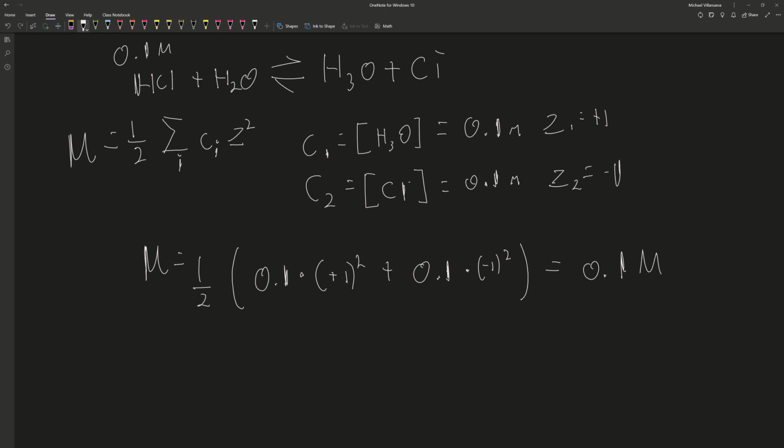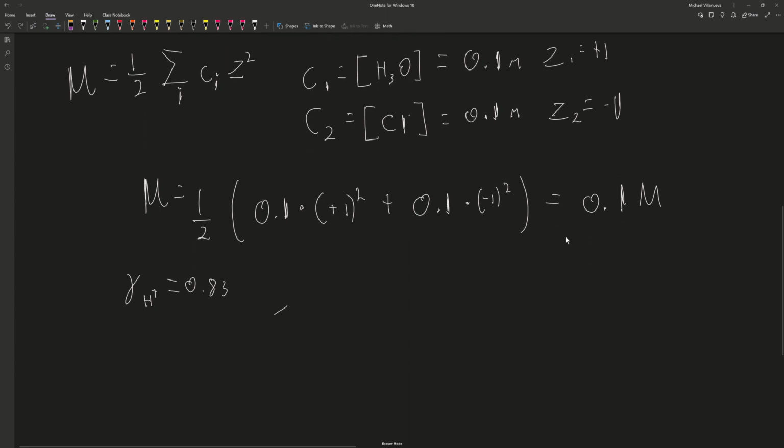If we go to our table and look up the activity coefficient of hydrogen at 0.1 molar, we will see that it is equivalent to 0.83.